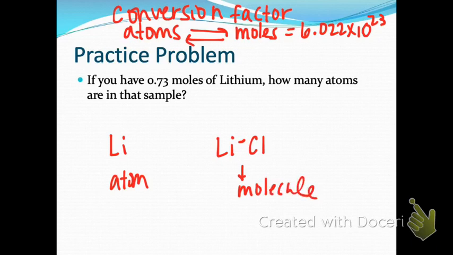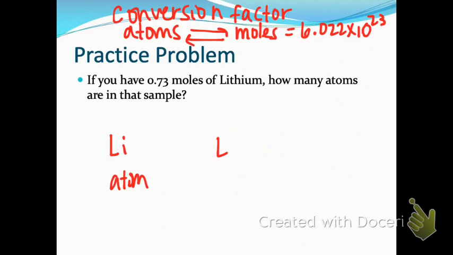So when we say how many molecules are in a mole, it's still 6.02 times 10 to the 23rd, but that means there's that many of that bonded item. Does that make sense? When we use atoms and molecules, they're used interchangeably in these problems, but we only use atoms when we're talking about a single element. We use molecules if we're talking about a compound. All right, so let's get back to our problem here.